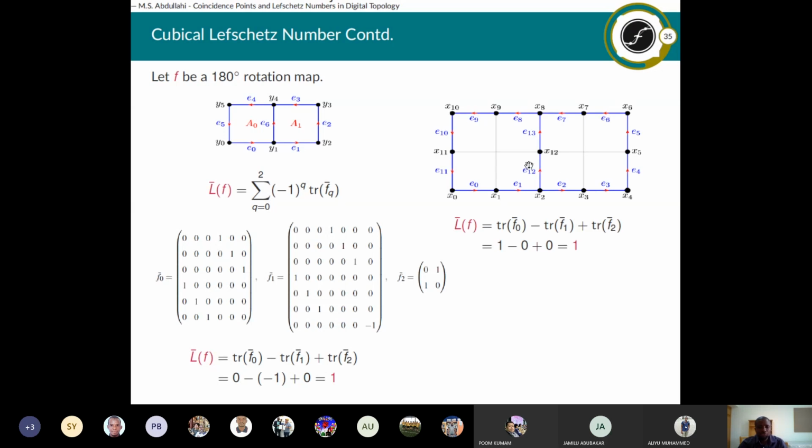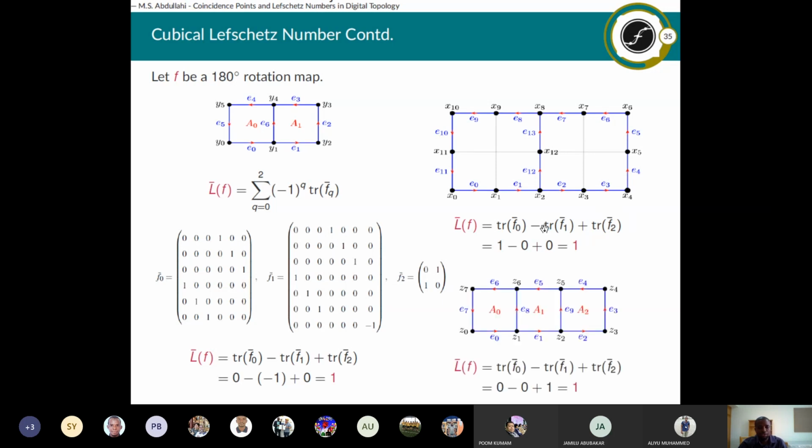Similar to this also, here we don't have 0 cubes, so we expect to have a similar Lefschetz number, the simplicial Lefschetz number. But this is one example where the simplicial and cubical Lefschetz numbers on this particular example are different. If you remember, when we do the simplicial Lefschetz number on this, we end up having 0, but in this case the cubical Lefschetz number is equal to 1.